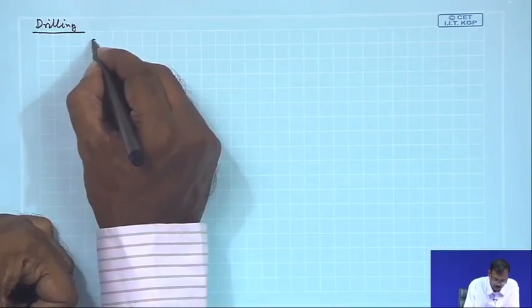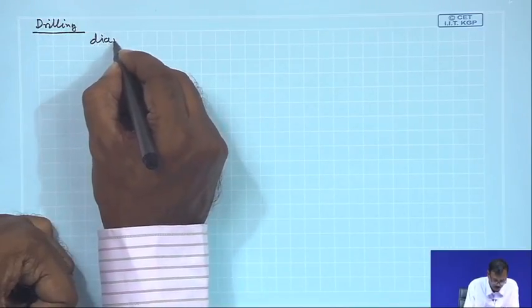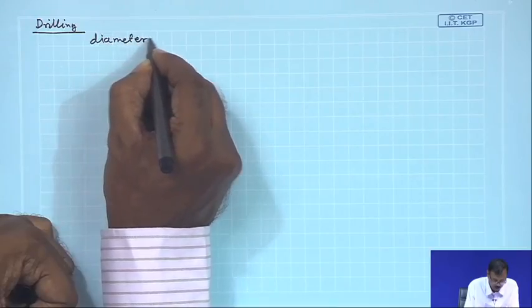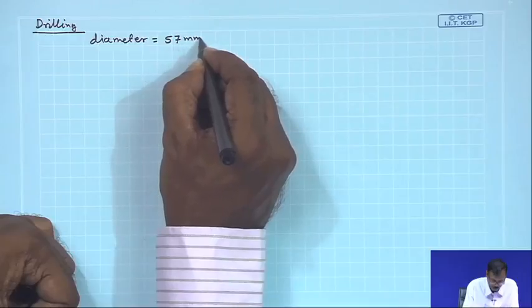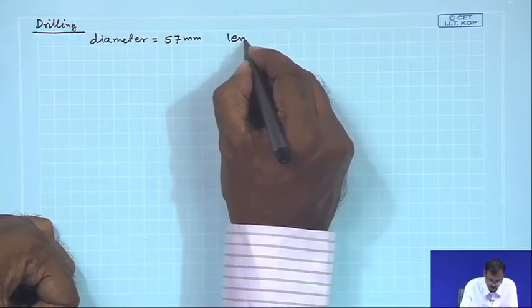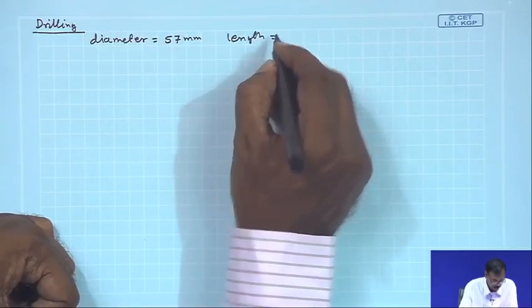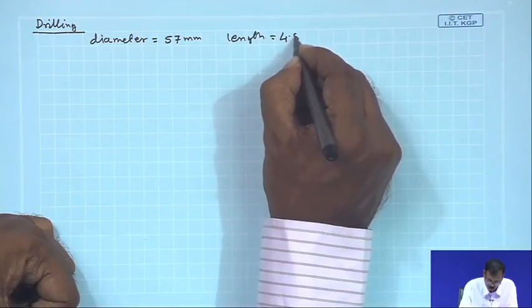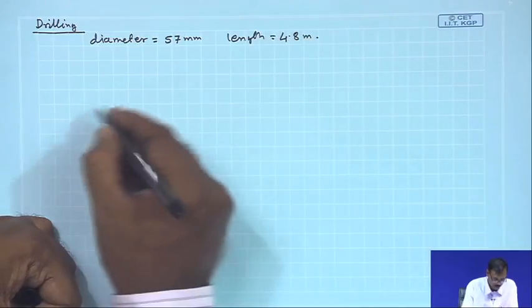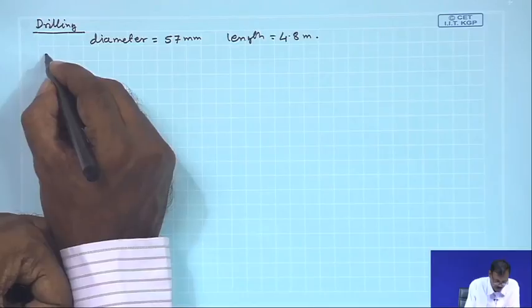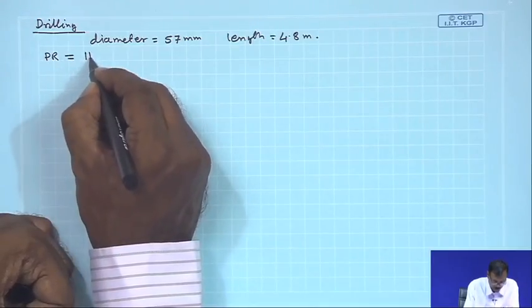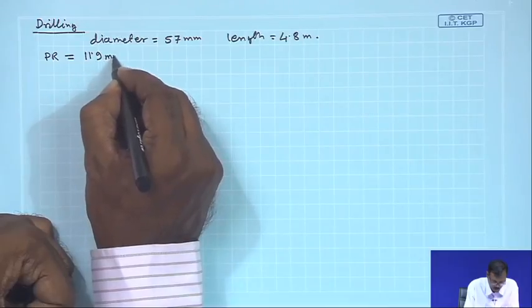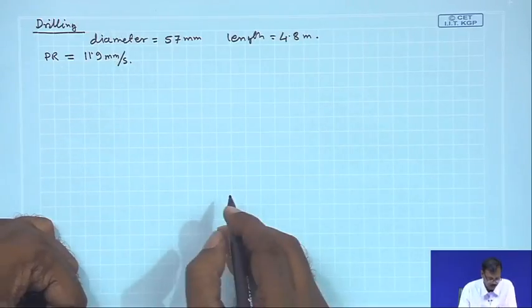In drilling, our diameter is given as 57 mm, length of drilling is given as 4.8 meter, and penetration rate is given as 11.9 millimeter per second.